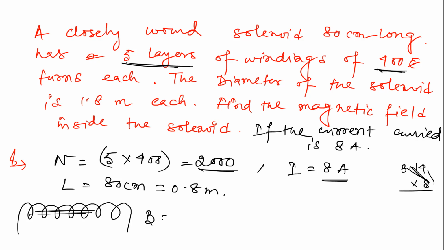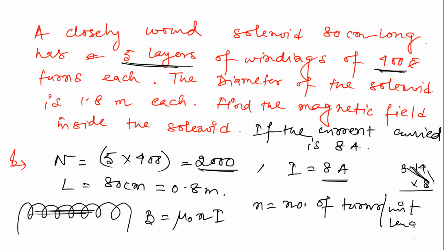So the magnetic field has the expression mu naught multiplied by n multiplied by I. Here n is the number of turns per unit length, right? Whatever I have just written, n is equal to total number of turns divided by total length.